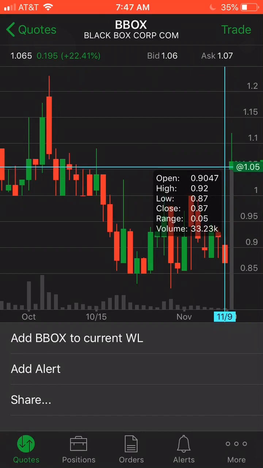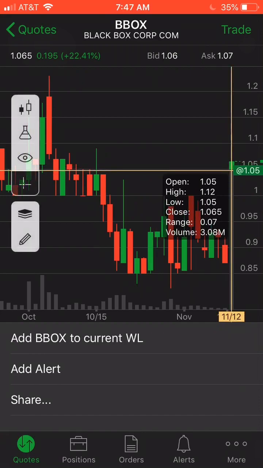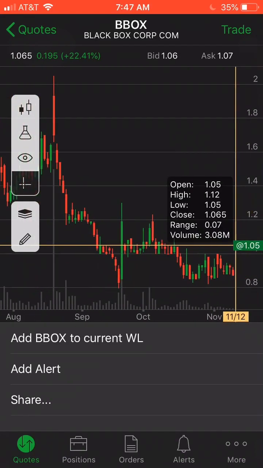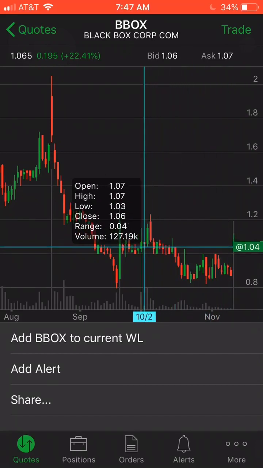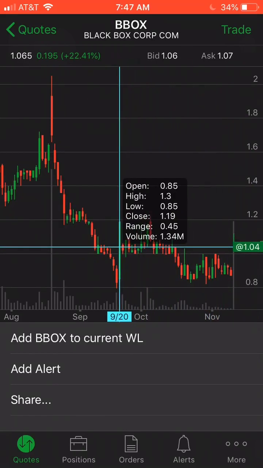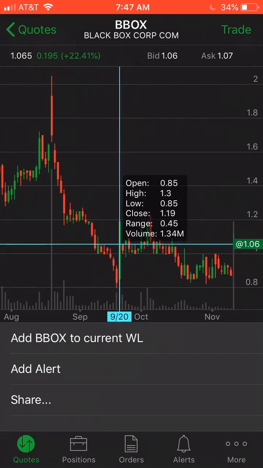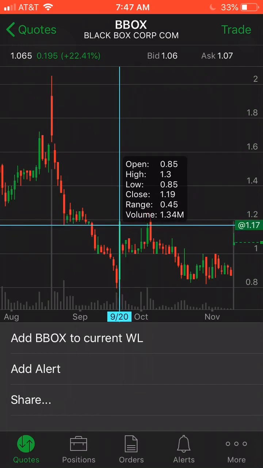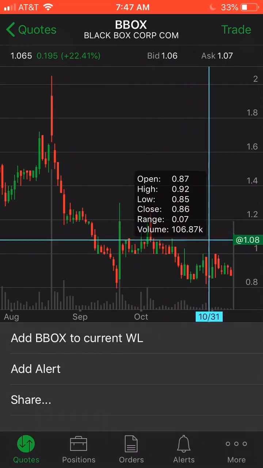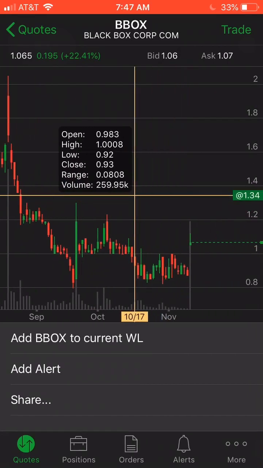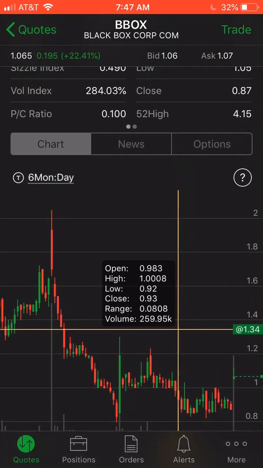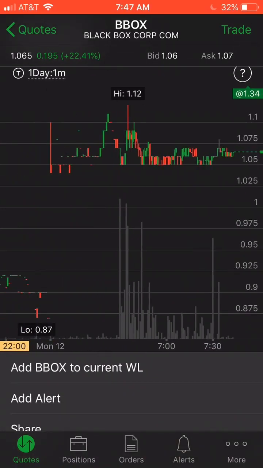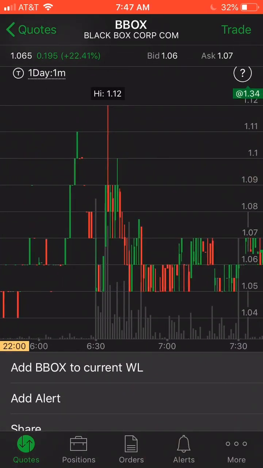But it's just hanging around that $1 area on the day. So yeah, I'll just see later, around 9 o'clock, to see if we see any better stocks in play.